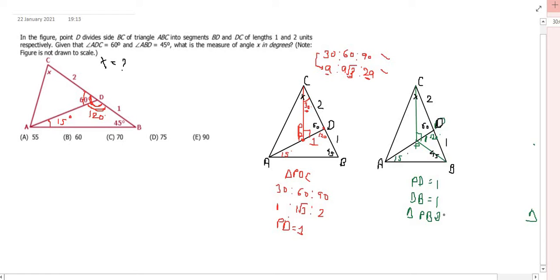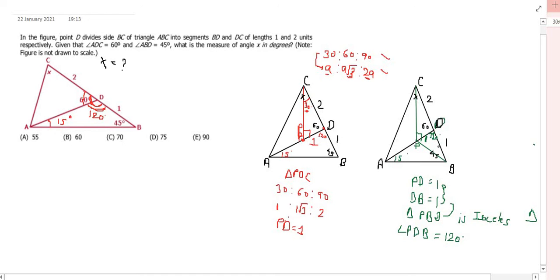In triangle PBD, since two sides are equal, this is an isosceles triangle, right? And this angle PDB in this triangle PBD is 120 degrees, we concluded, right? So this particular angle is 120 degrees.